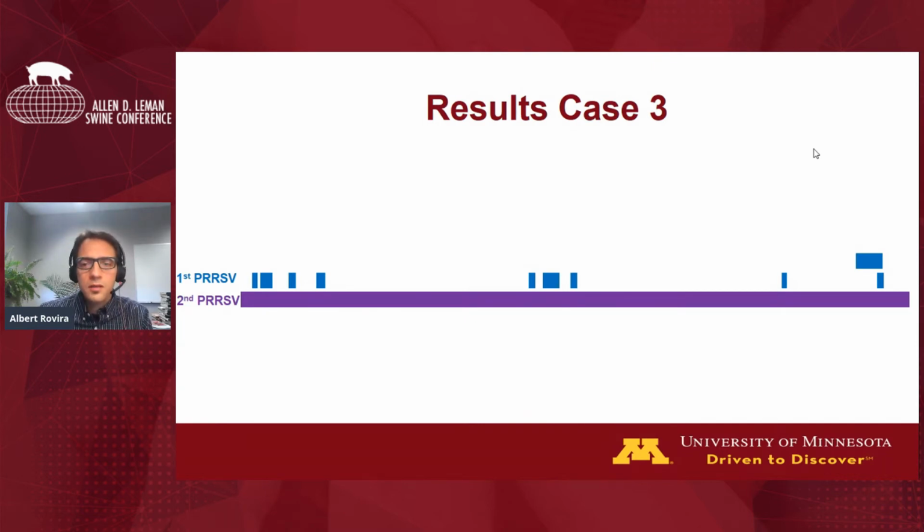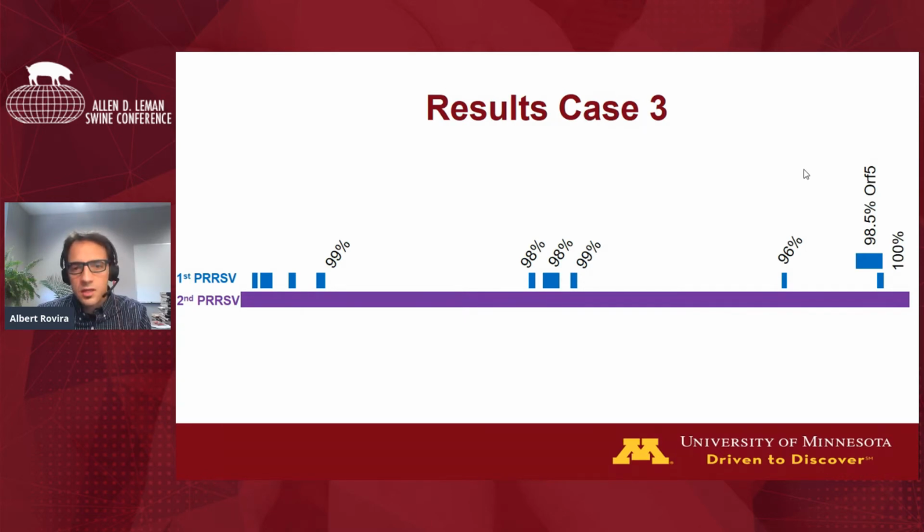Now, when we look individually at each of these fragments, yes, they are small, but we can look individually at the percentage similarity of these viruses. We see that the 6 fragments that are towards the end of the virus are all very similar between the first outbreak and the second outbreak. So that's 100%, 98, 96, 99, 98, 98, 99. So very similar.